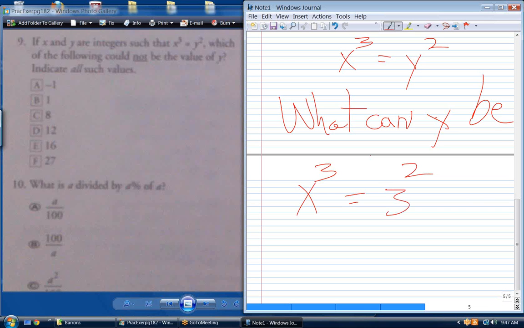No. Right, because then we would have x cubed equals 9, and x would be the cube root of 9, which is not an integer. Okay, so that's what they're saying. So one of these numbers, or some of those numbers, are going to give us that problem.